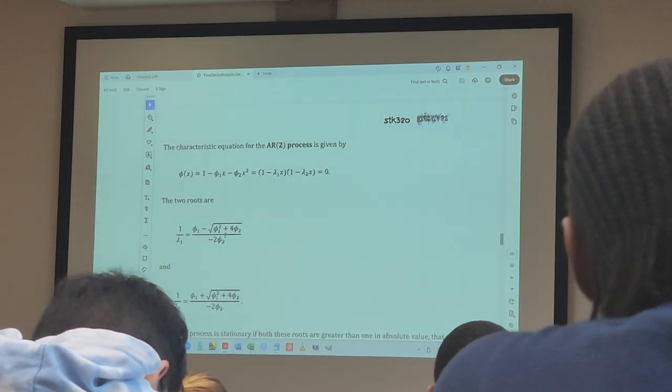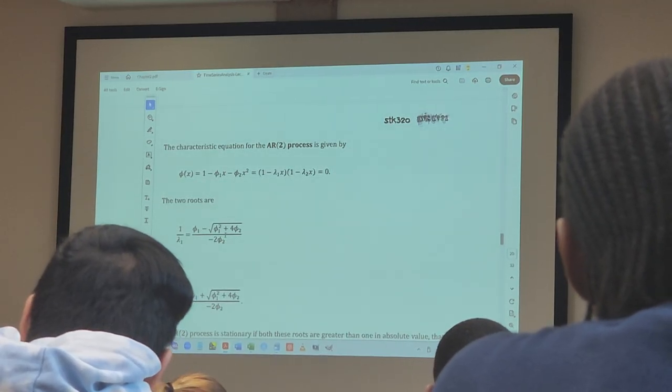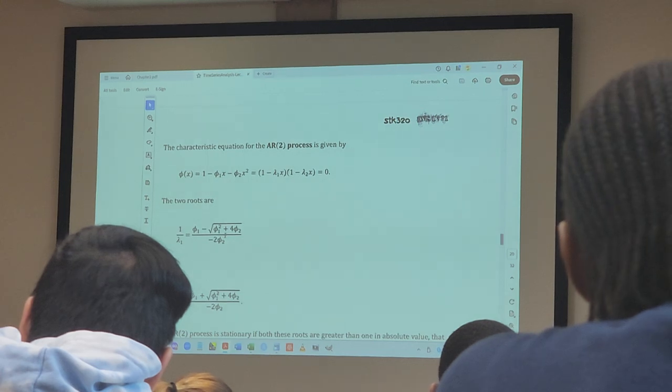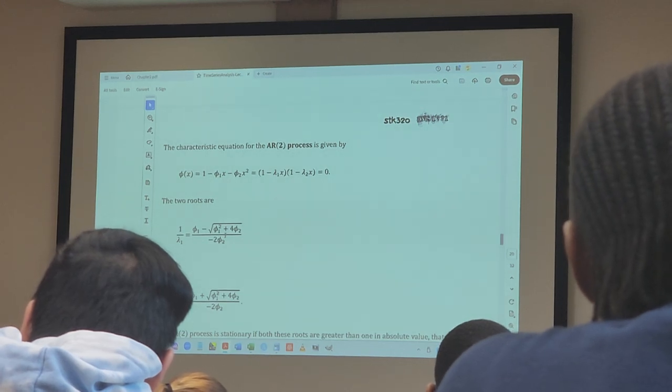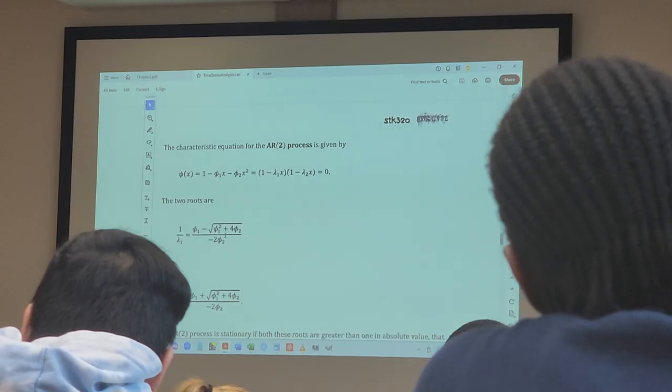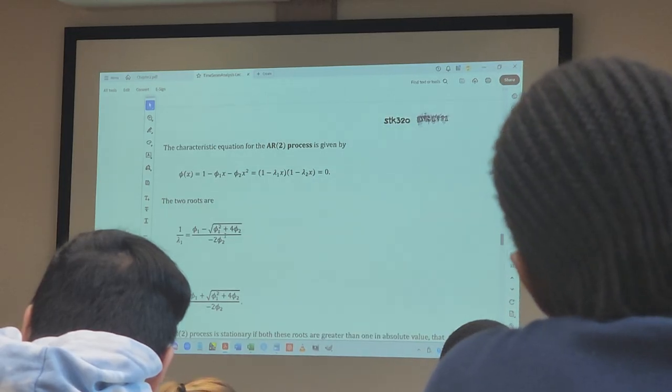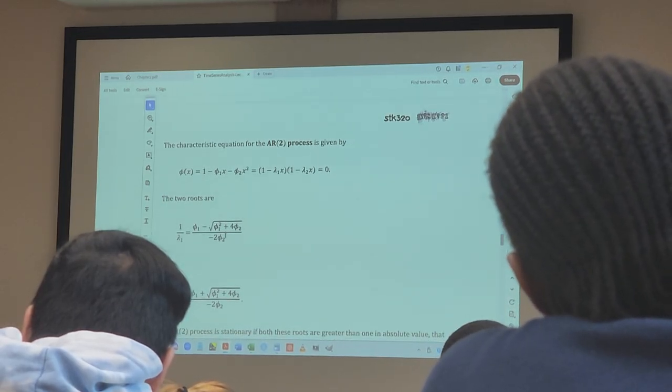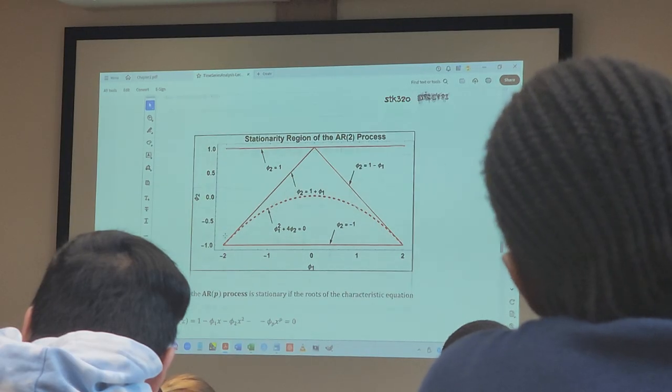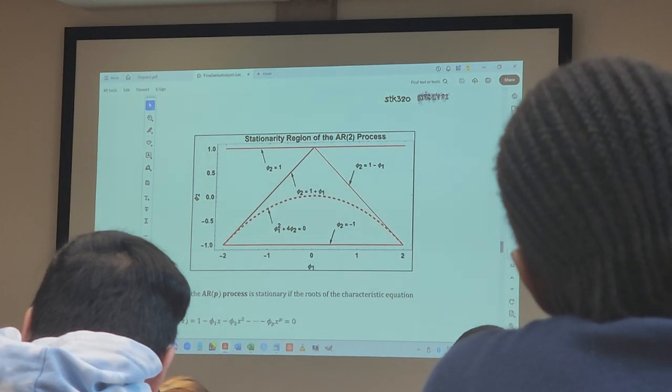Now, these roots will not always be real numbers. If that square root part is less than 0, then we get complex roots. And that is what's highlighted here.